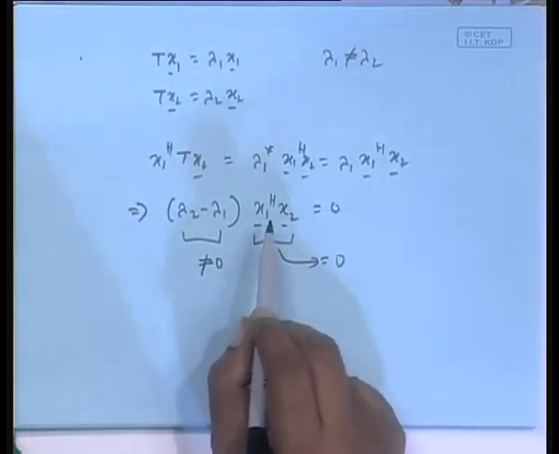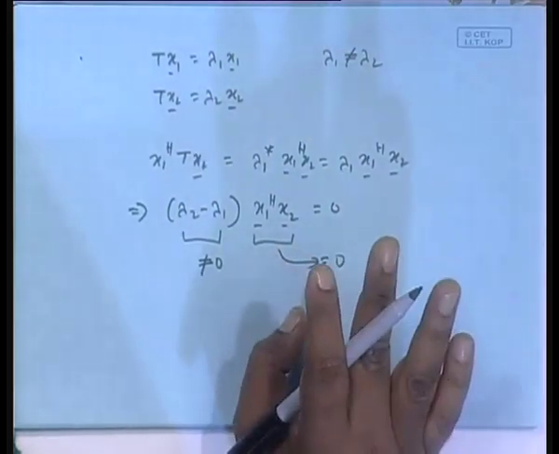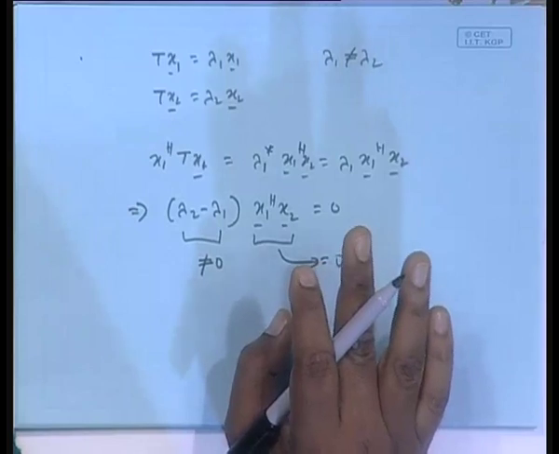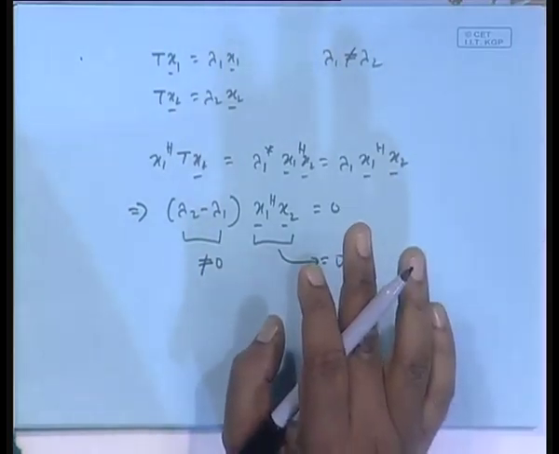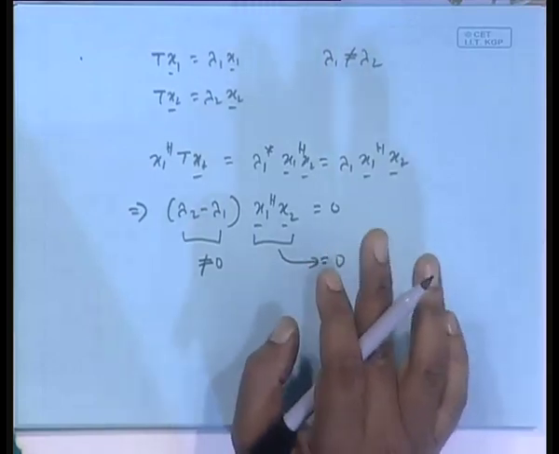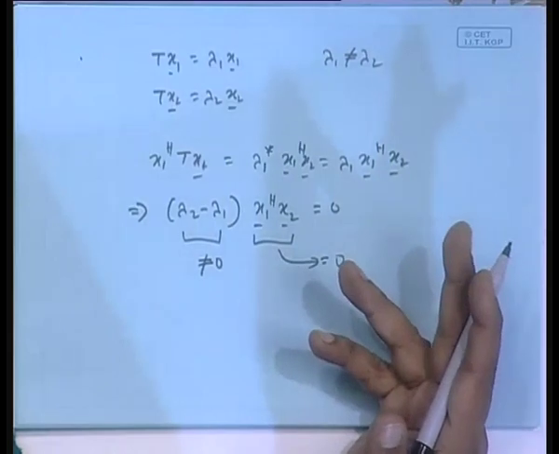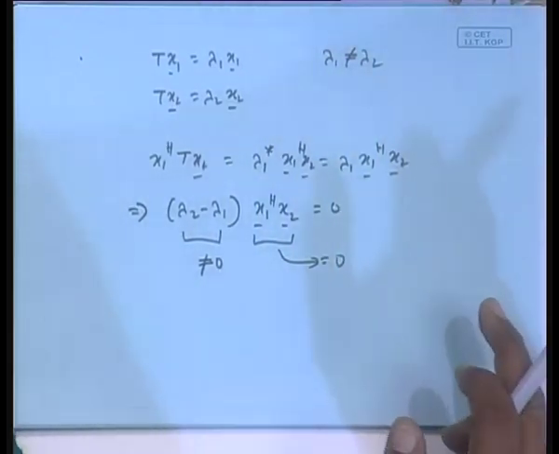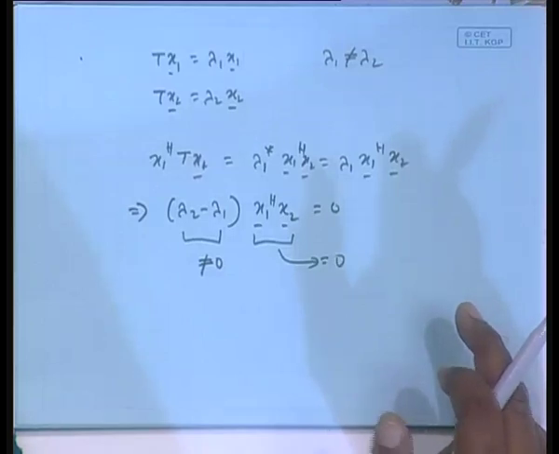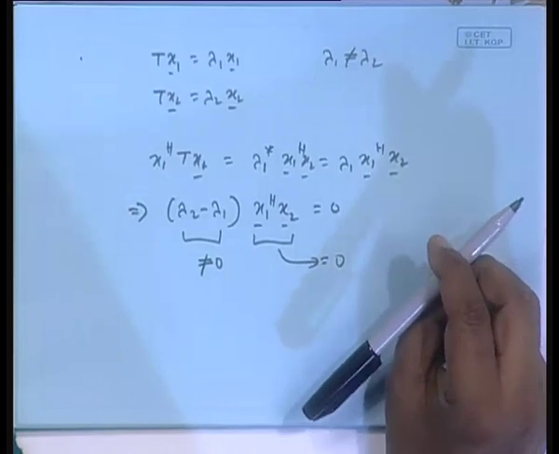Two vectors x and y, if you do x Hermitian y, or y Hermitian x, and it is 0, that will mean y Hermitian x is also 0. You have to take Hermitian of both sides there. Then x and y are called orthogonal. Actually, you have done dot product of vectors in the three-dimensional world.